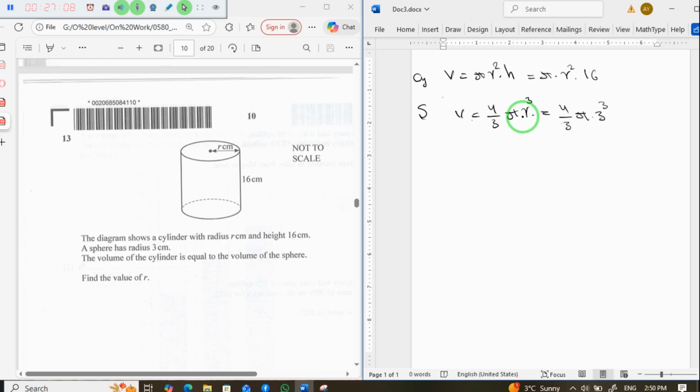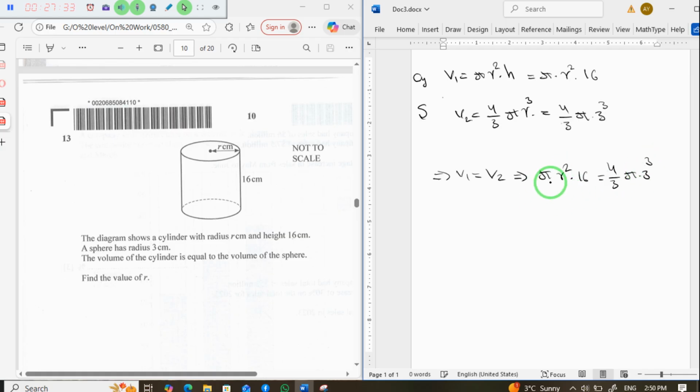So we make them equal: V1 and V2 are equal. So we can write pi r square 16 equal to 4 over 3 pi 3 cube.